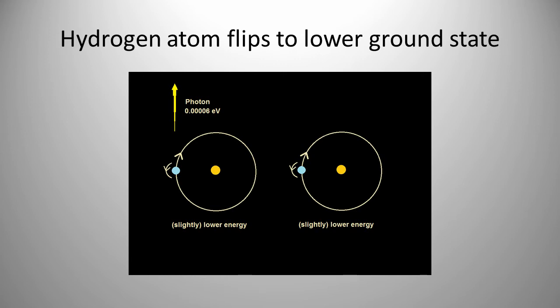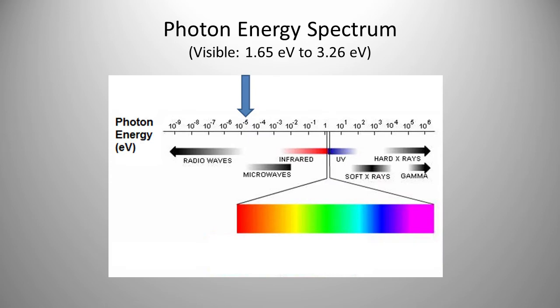If we go back to the drawing of the photon energy spectrum, you see that this energy, about 10 to the minus 5, is actually in the radio wave region, so it can be detected by radio telescopes as an emission line. Now, while it's very rare for a hydrogen atom to do this, there's a lot of hydrogen out there in the galaxy, and so it can be detected.